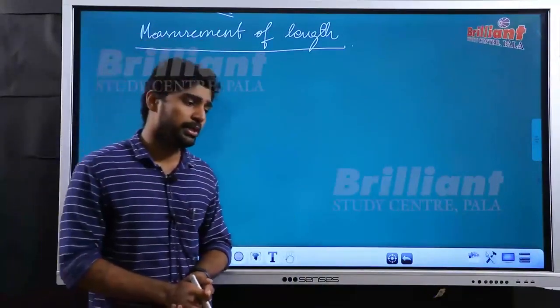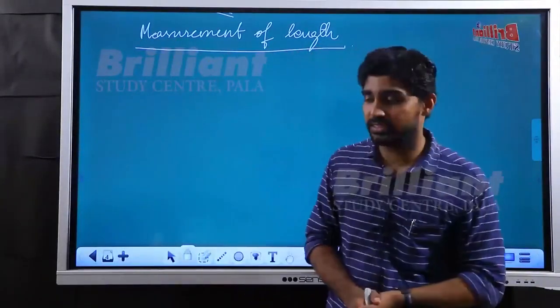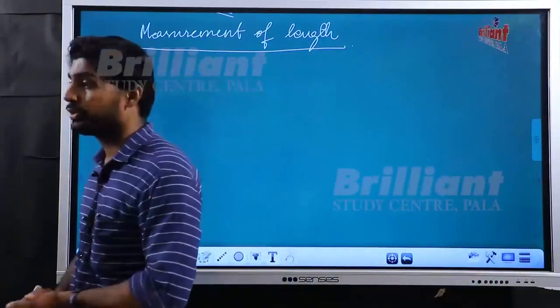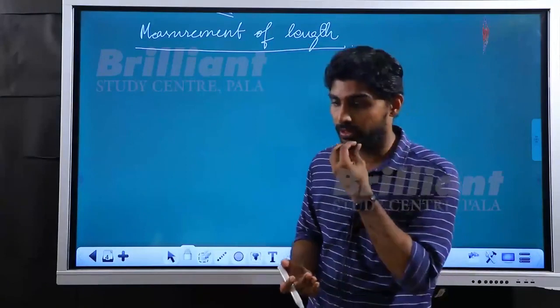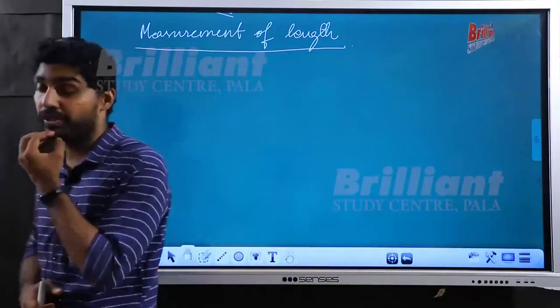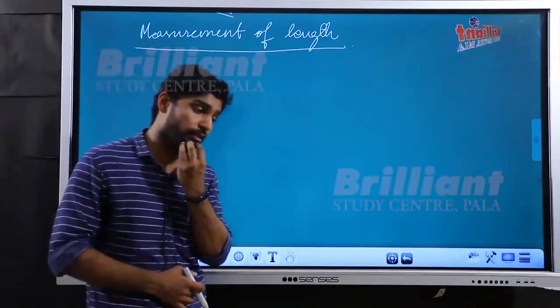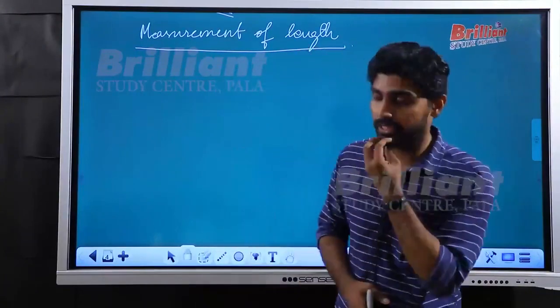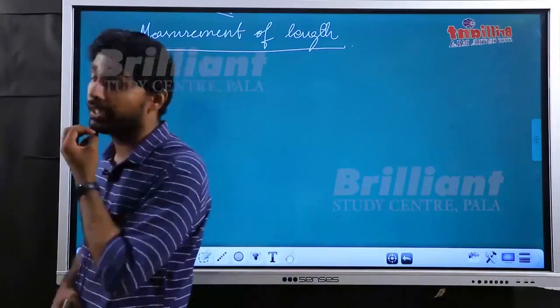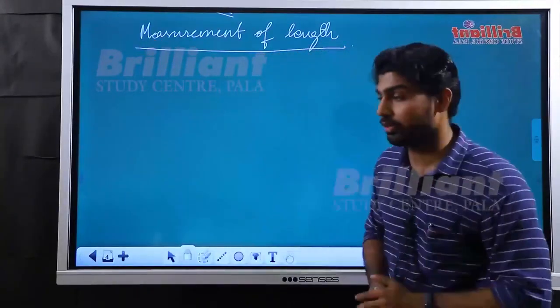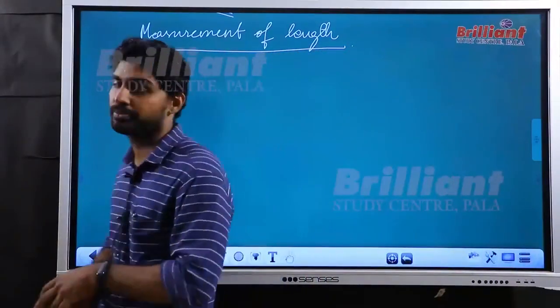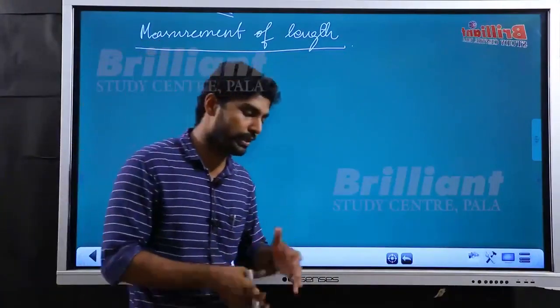No, we cannot measure the actual distance between the sun and Earth by actually going to the sun. We now know that the sun is at a distance of 150 million kilometers from us. We know that the moon is at a distance of about 3 lakh kilometers from us. We know that the average distance from Earth to Mars is about 40 crore kilometers. If my memory serves me correct, I think it is 40 crore kilometers.